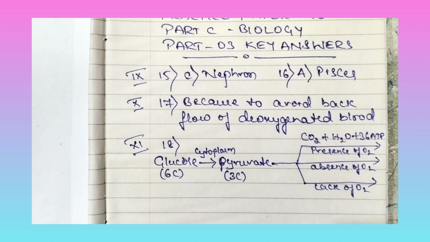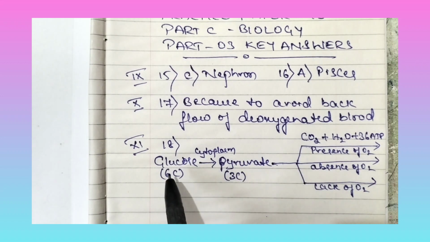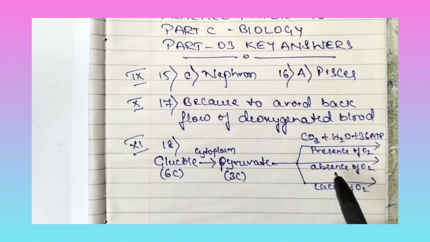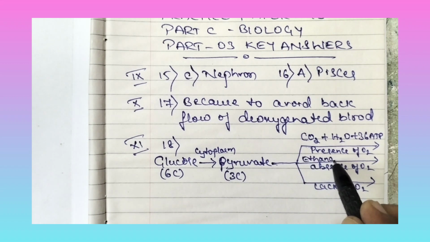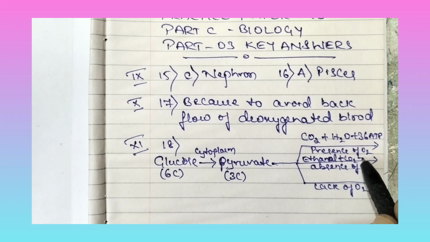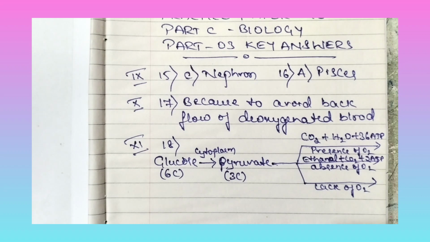This is one pathway. Another pathway: pyruvate in absence of oxygen in the cytoplasm itself is converted into ethanol plus carbon dioxide and releases 2 ATP of energy.